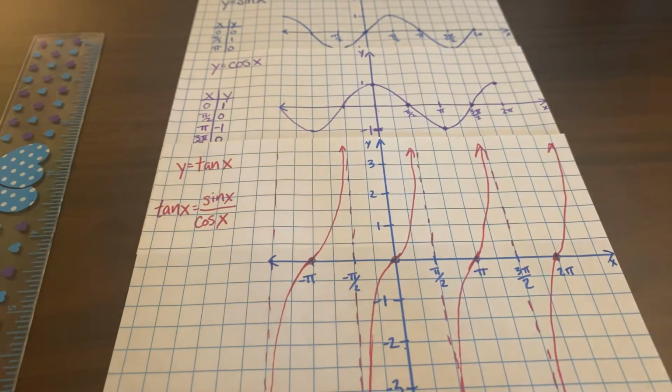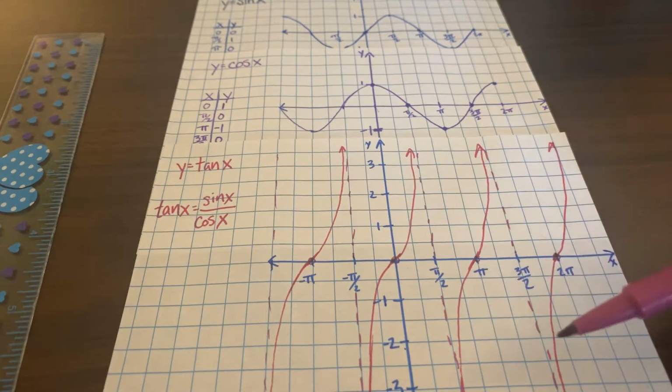Now, the domain of the tangent function is all real numbers except odd multiples of pi over 2, right? We saw that. There's pi over 2, 3 pi over 2, etc. And so there are vertical asymptotes at those places. The range of this function is all real numbers.